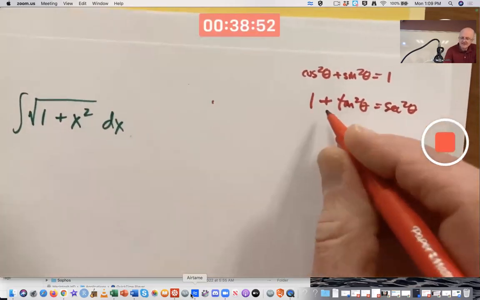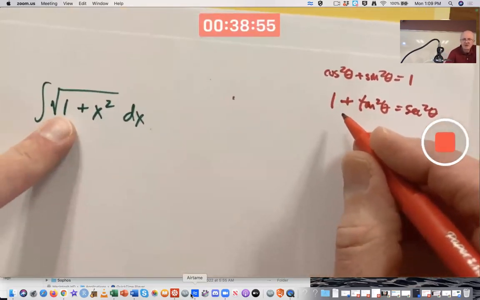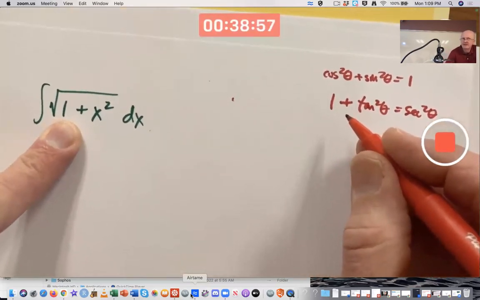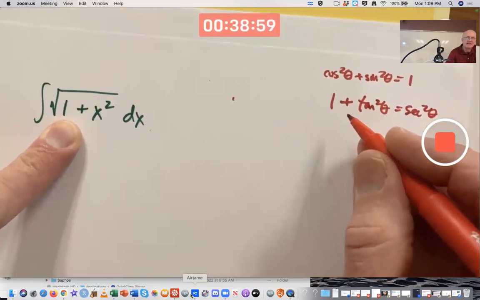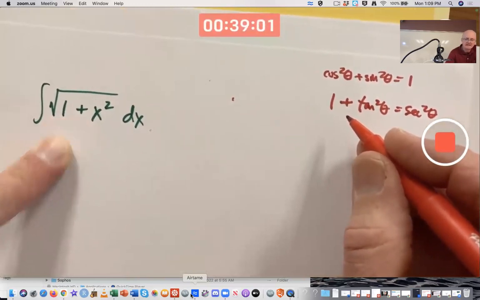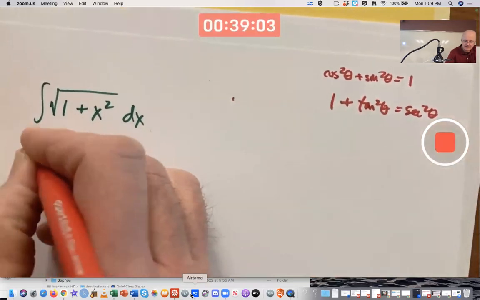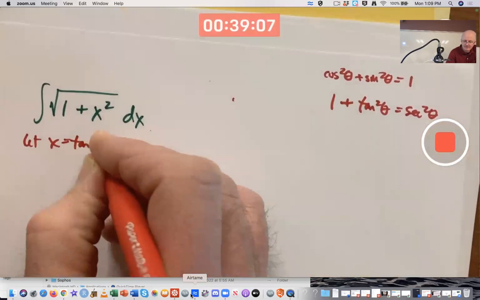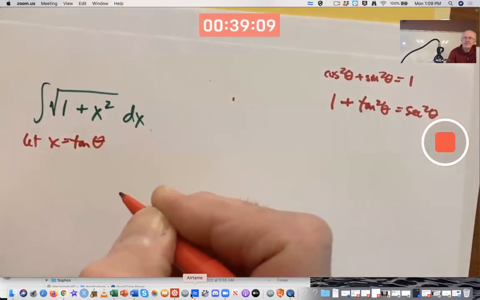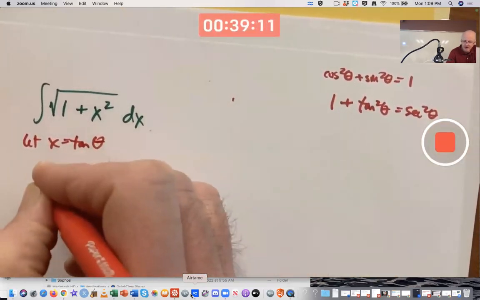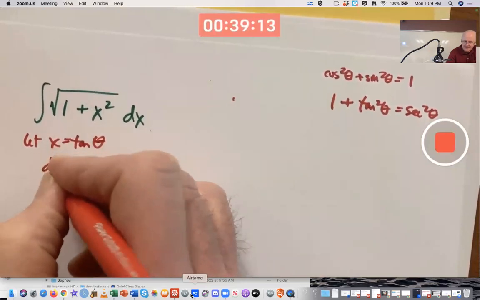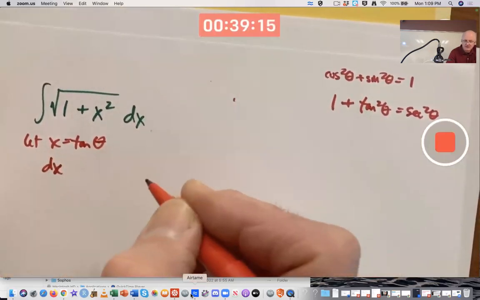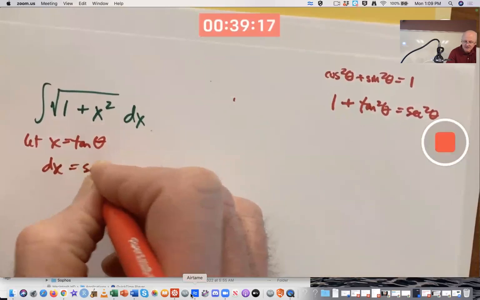The plus sign there, matching the plus sign here, now motivates us to let x equal tangent theta instead of sine theta. Let x equal tan theta. Like always, I have to figure out what dx is in terms of the new variable. The derivative of tangent is secant squared.